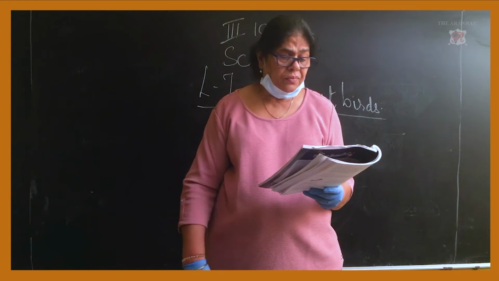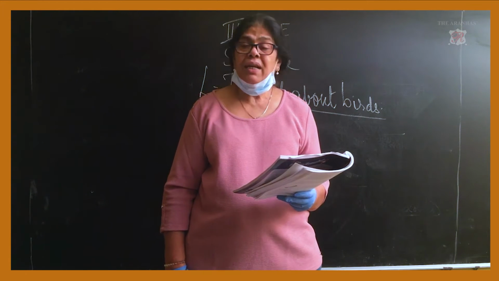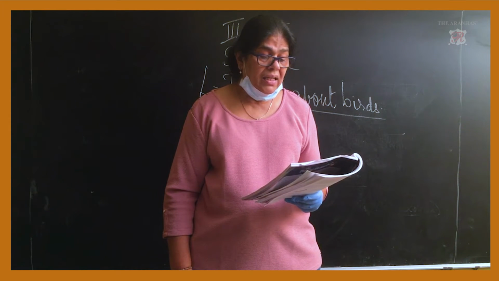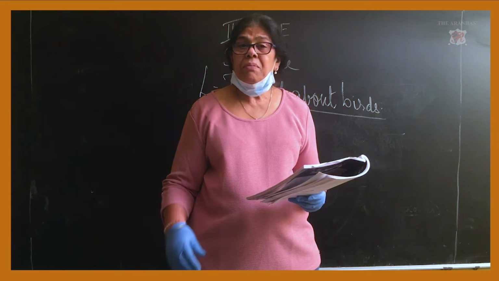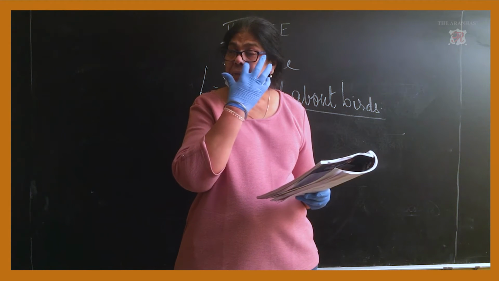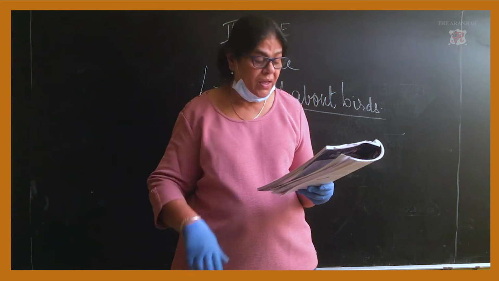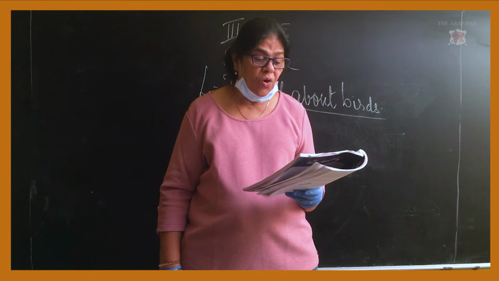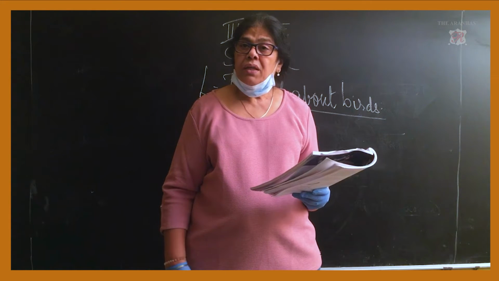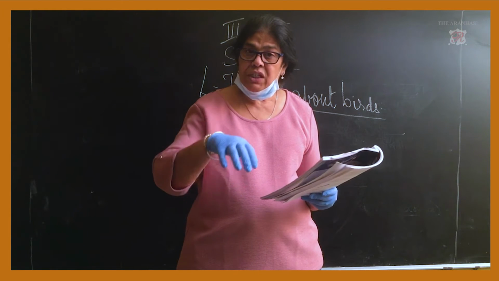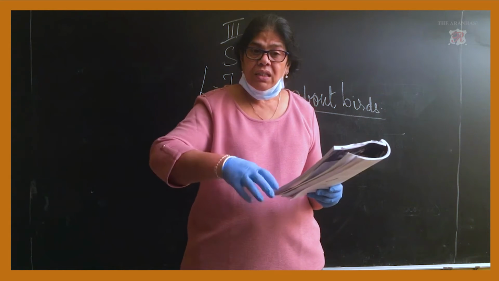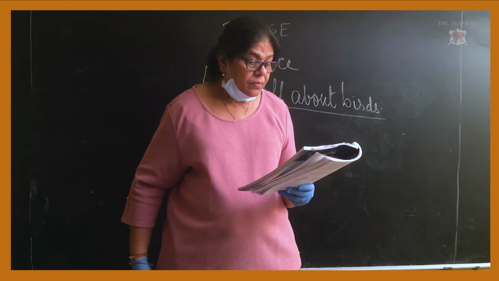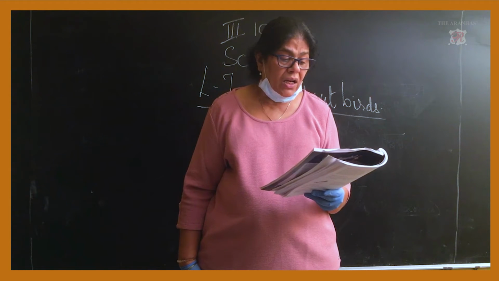Then the scratching birds. We have birds that scratch, the rooster and the hen. These dig the ground for insects and worms. All these birds that dig the ground have very strong legs and very sharp claws, because they dig the ground and pick up worms and insects from it.